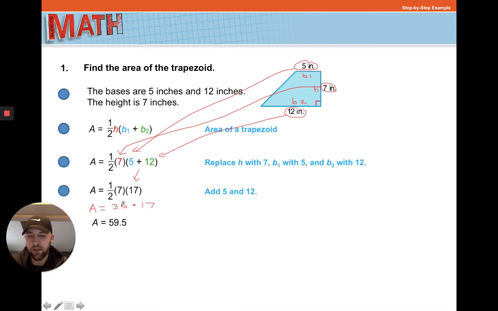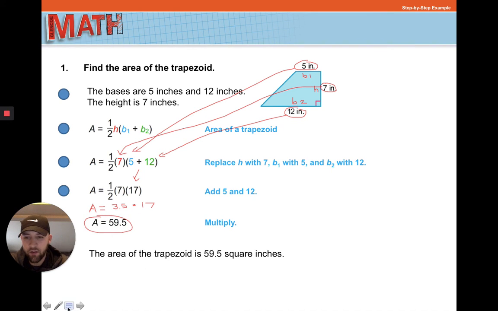If you plug this in your calculator, 3.5 times 17, you'll end up getting 59.5. And if we're using it correctly, yes, we still need those square inches, so 59 and 5/10 square inches.